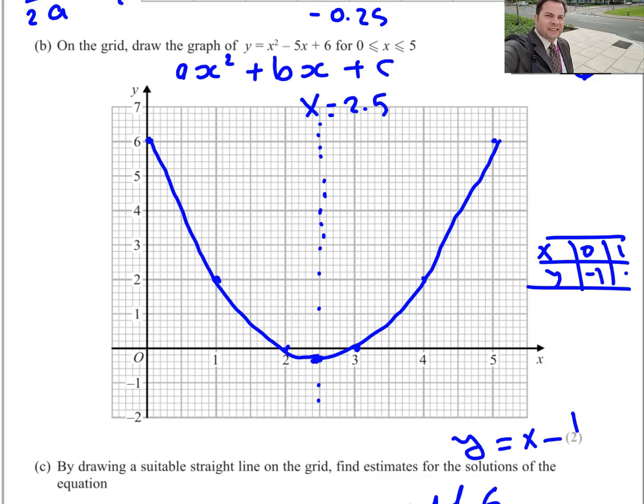With 1, the answer will be 0. Then draw the straight line. Plot the points 0, negative 1 and 1, 0, and draw the straight line passing through these 2 points.